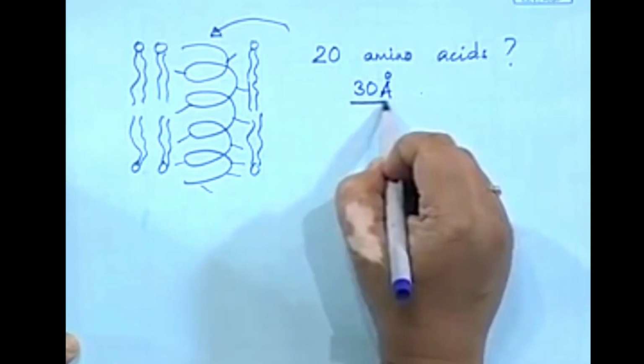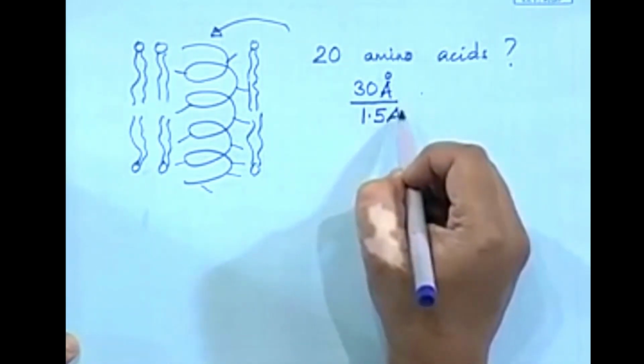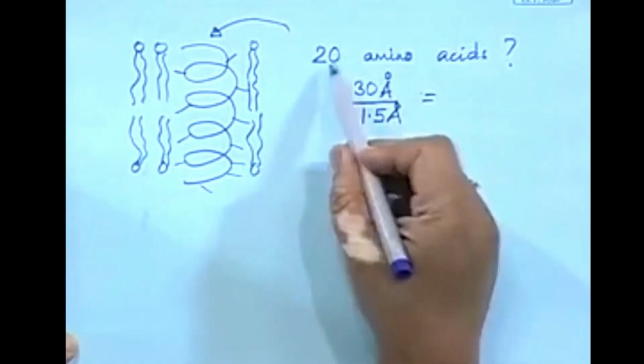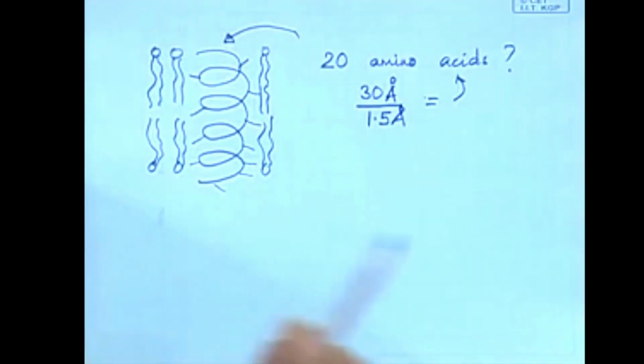So, I have a 30 angstrom stretch and I know that for every amino acid, I traverse 1.5 angstroms in height. So, the rise is 1.5 angstroms per amino acid. So, I need 20 amino acids to what type of amino acids? Hydrophobic. How do I determine that? I construct a hydropathy plot.